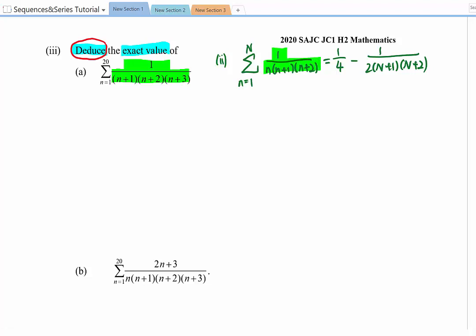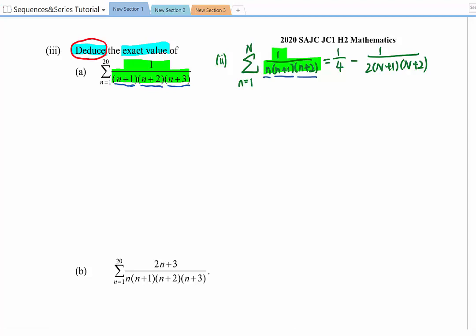Notice that the denominator of the terms consists of 3 consecutive factors. These are n plus 1, n plus 2, and n plus 3. Similarly, if you look at part 2, we also have 3 consecutive factors, n, n plus 1, n plus 2. So all these factors actually differ by 1, right?